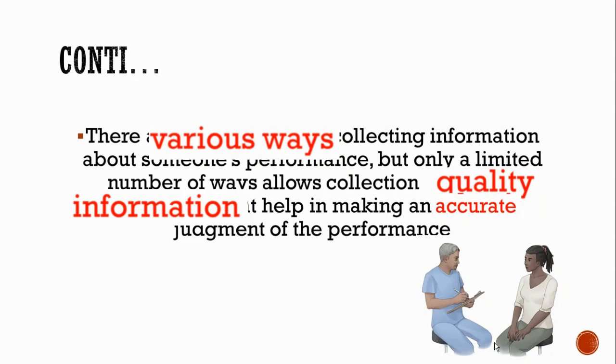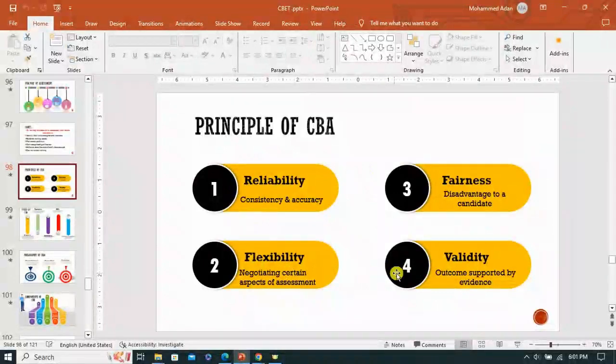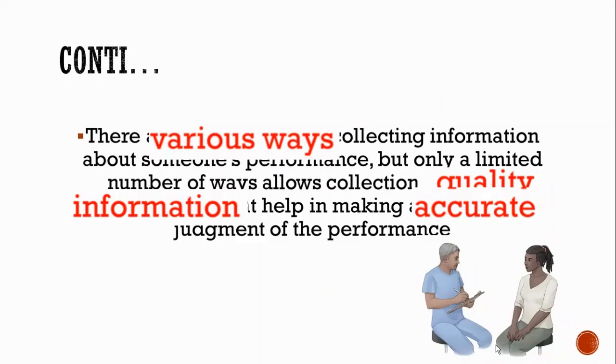When we're talking about quality information, we mean information that is accurate, reliable, complete, timely, and relevant. So basically, those are different ways that you can use to collect evidence that will lead to quality information, so that you're able to make accurate judgment or decision about a learner's performance.